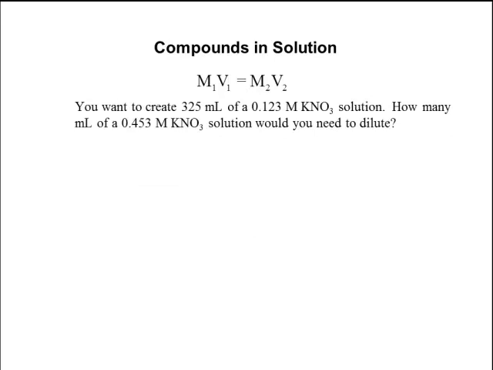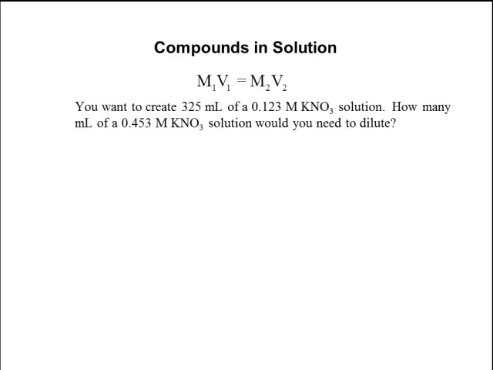Let's say we want to create 325 milliliters of a 0.123 molar potassium nitrate solution, and we have a 0.453 molar potassium nitrate solution to work with. Well, we're going to have to dilute that solution down. So we need to know how many milliliters of our concentrated solution we need to dilute down to 325 milliliters to get to that 0.123 molar potassium nitrate.